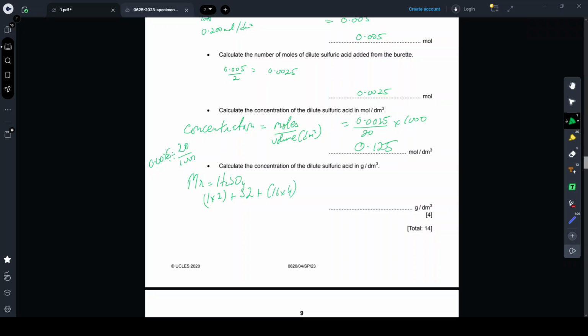So that gives you how much? 98. So you got 98 grams. And then you do 98 multiplied by 0.125, and that will give you 12.25. And that's your answer.